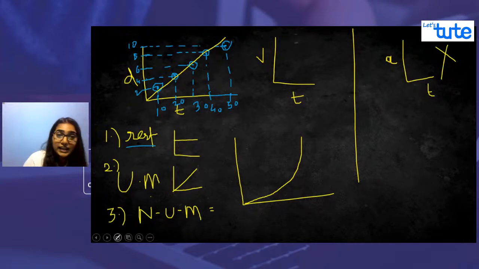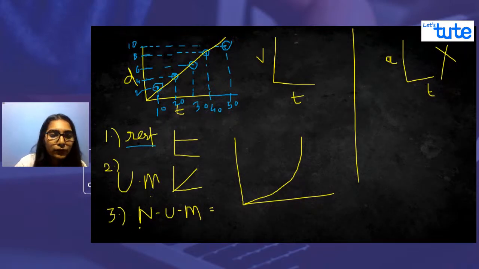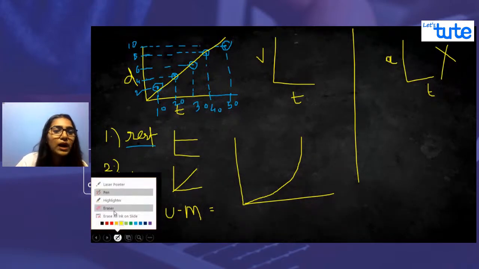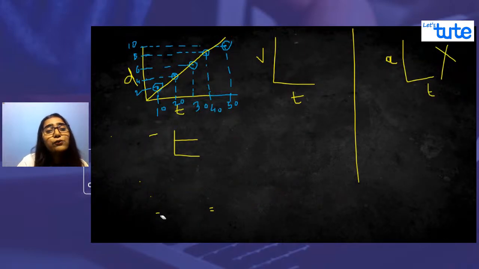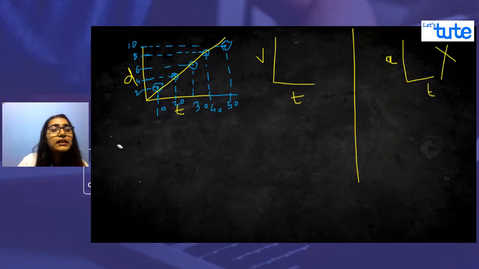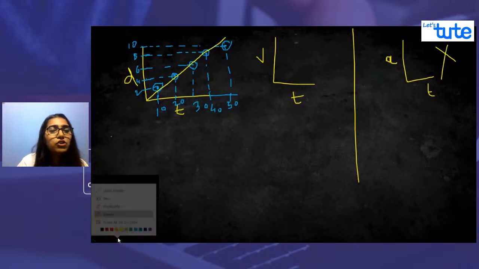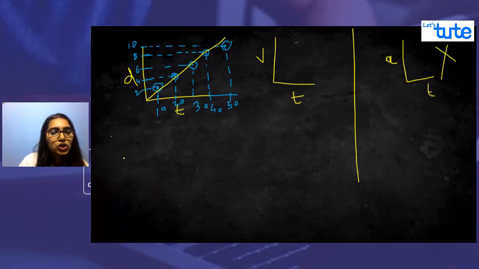It is a curve. Now let's go to one important graph. Your teachers are going to ask you one more question. It comes a lot. That is, how do you find out the velocity in a displacement time graph? If you want to find out the velocity, you're going to take a slope.